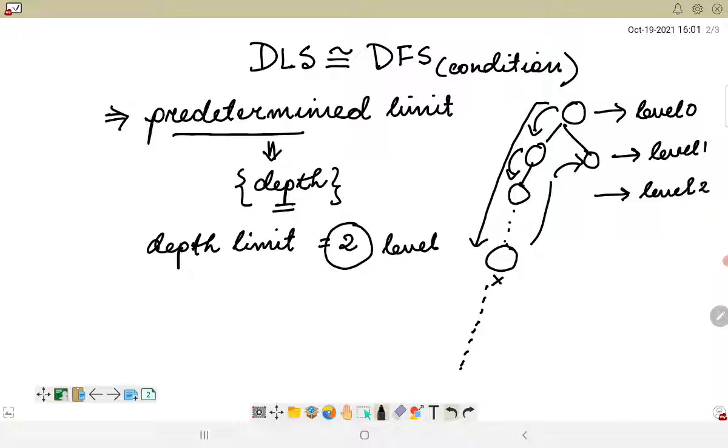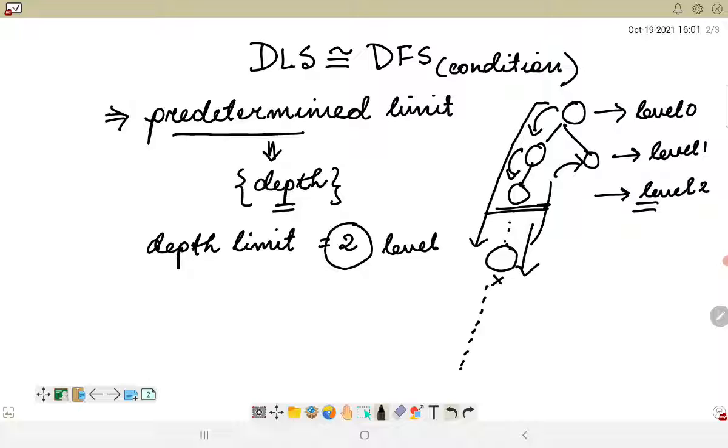After this particular level 2, the search will not go beyond in the same direction, and it will consider that it does not have any other successor nodes, even though it might have, apart from whatever is there within level 2.